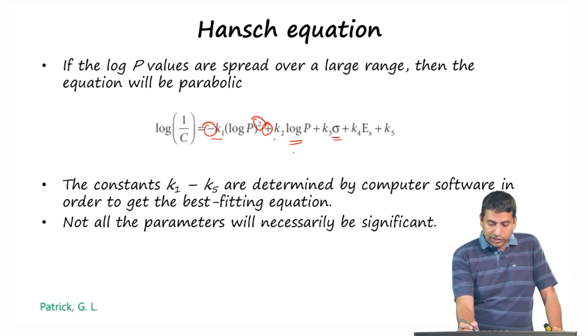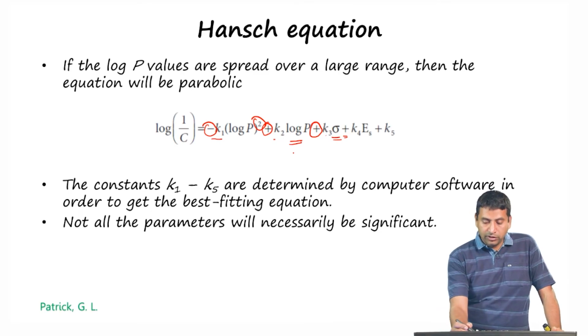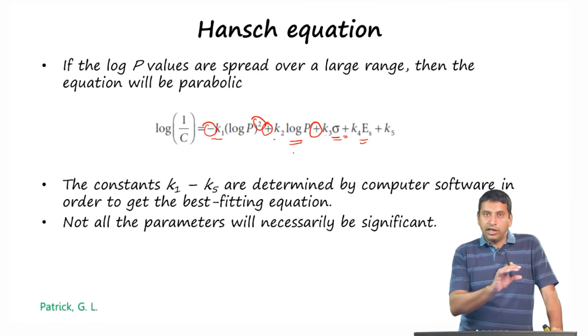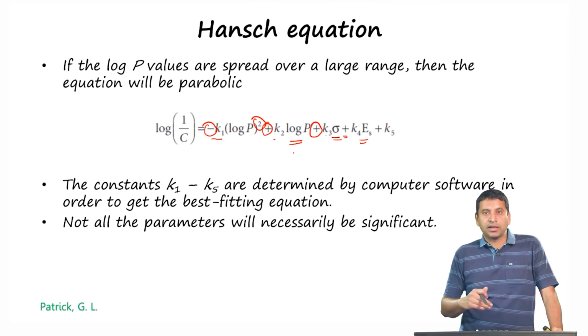You also have sigma and there is a plus involved here, and lastly you have a steric factor where you also have a positive effect. So, therefore, if you get an equation like this and this gives you linearity, and we have already looked at how to assess linearity based on R square and standard deviation. Now, using this best fitting equation, you can predict what would be the change that we want to make.